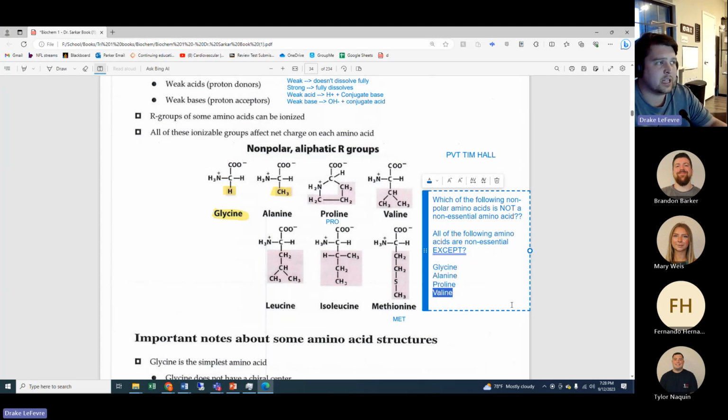Valine is the one that's essential. If you can get your brain to start making up practice questions as you go, especially after the first exam, pay attention as you take the test and figure out what patterns you see in the way he asks questions. That's what you're going to continue to see from that teacher, and this goes for every single teacher.